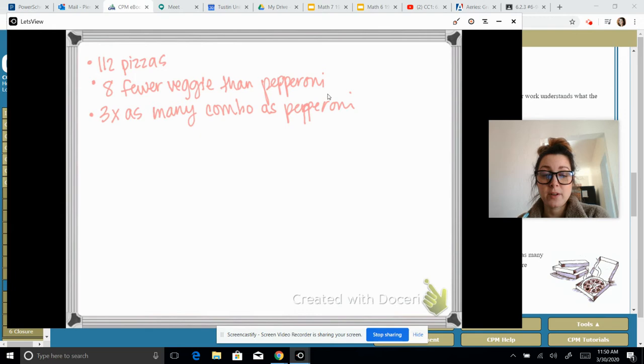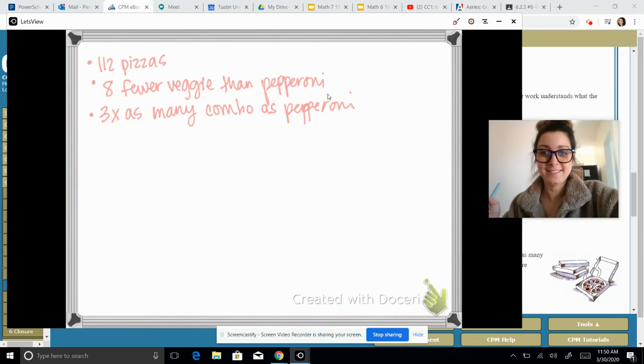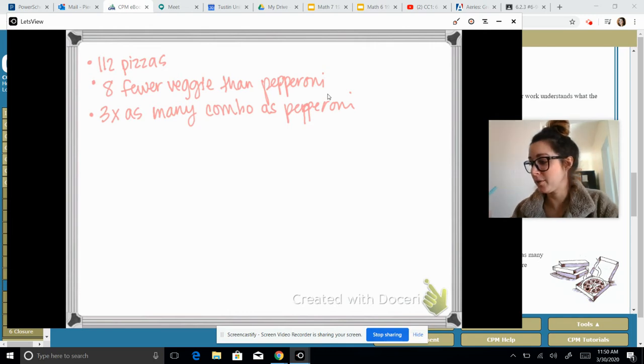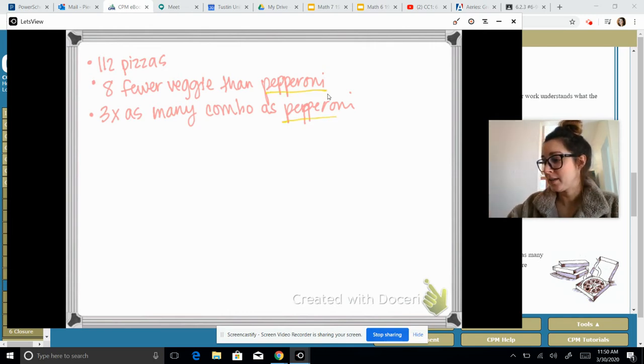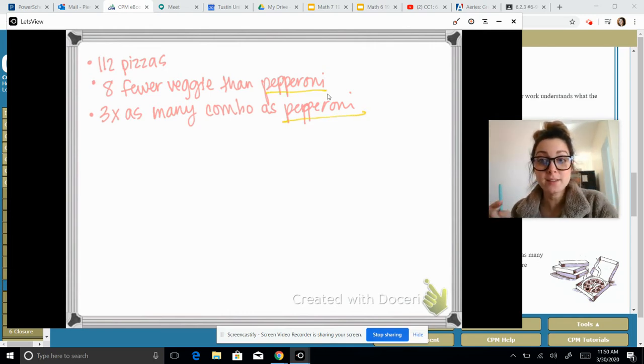Something is going to be our variable. So can you guess what that is? Yeah, it would be the pepperoni, because in both facts, pepperoni is used. So everything is relating back to pepperoni pizzas.